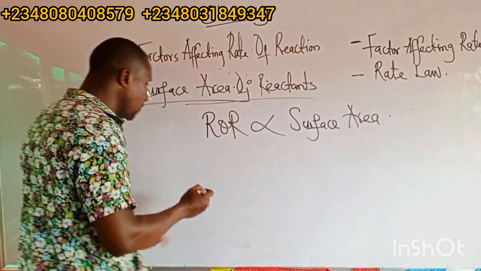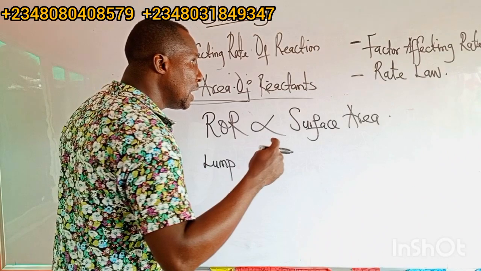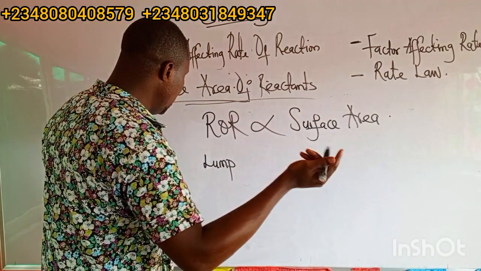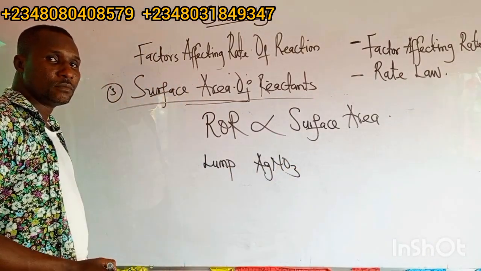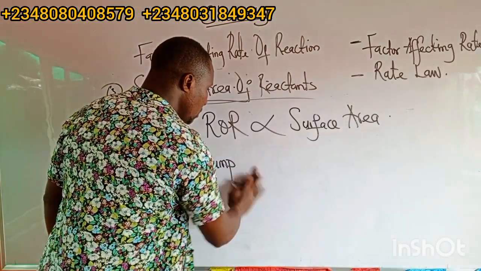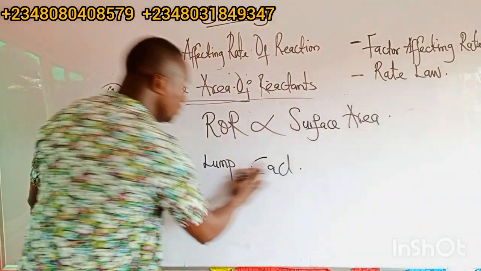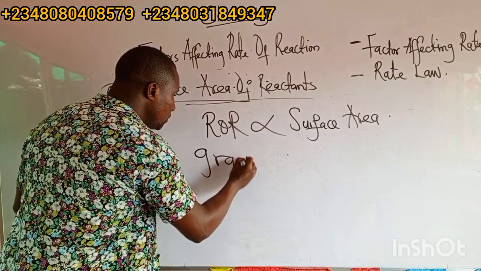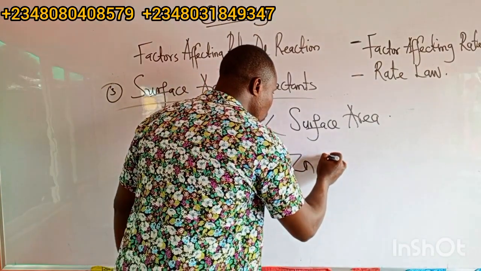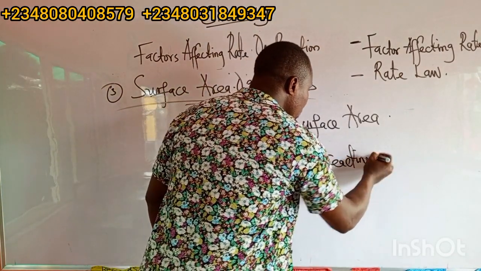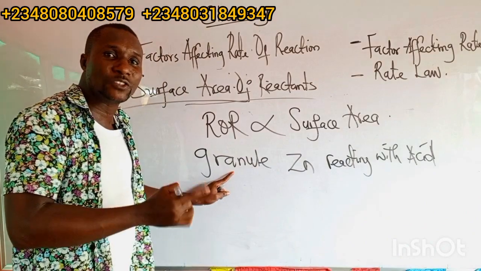For example, when you have a granule of zinc reacting with acid, this one has lower surface area.